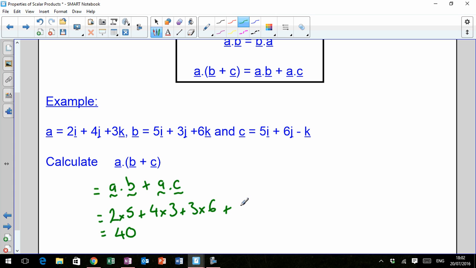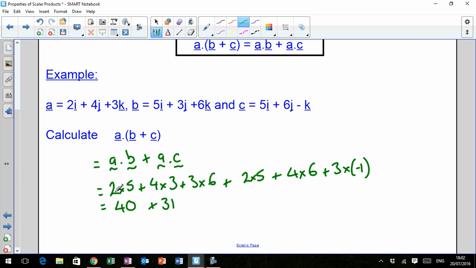So from your i's, 2 multiplied by 5, add from your j's 4 multiplied by 6, and from your k's, 3 multiplied by -1. So that's going to be adding on 10, add 24, so 34, subtract 3 is 31. So your a dot (b plus c) is 71.